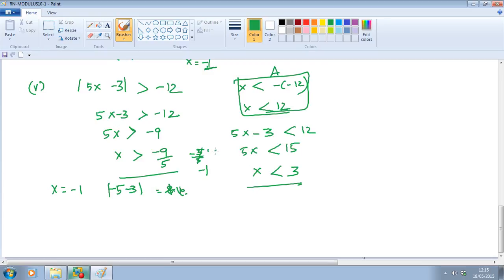So if you combine these two, the answer is: for all values of x, the equation holds good.